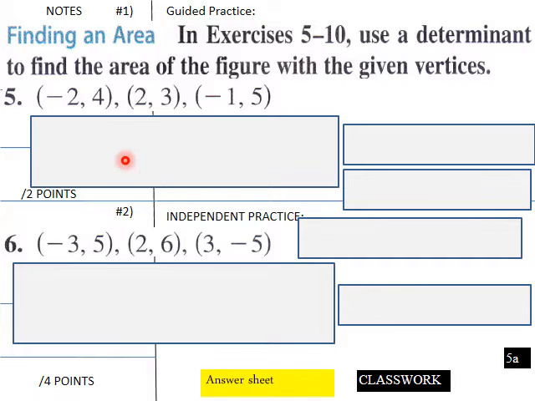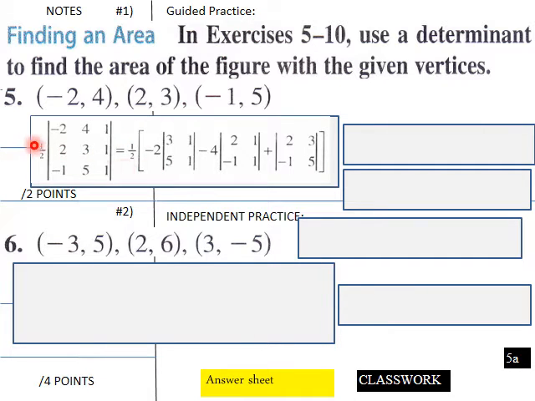Well, for 5 up here, this would be our matrix to find our different determinants to add together to form our general determinant for this matrix. And then our 1/2 is out in front. We're finding the area of a triangle.